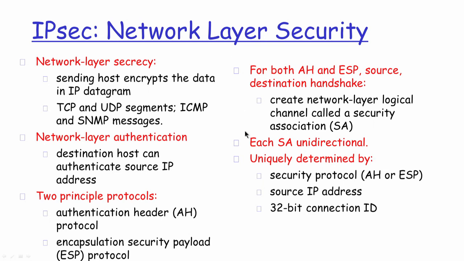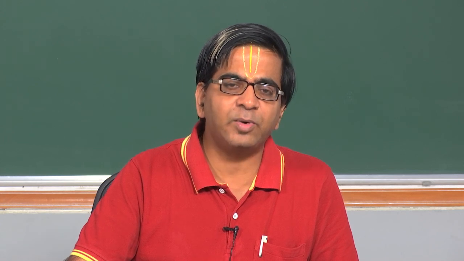How this works is that a security association is created between the two ends for both the authentication header protocol and the encapsulation security payload protocol, and the security association created between the source and the destination helps provide all these security services. So IPsec is a very comprehensive security mechanism available as part of the network layer, and it provides all the services that I typically require from a network security protocol.